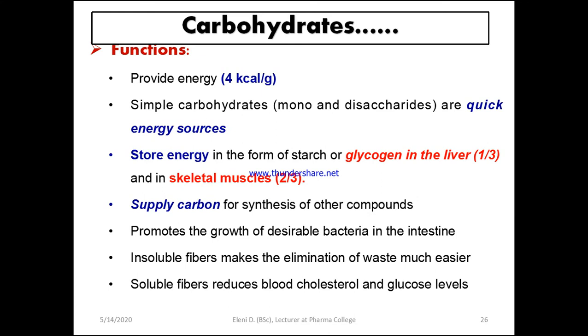They store energy in the form of starch or glycogen, and they spare the use of proteins for energy, because they are the direct source of energy for the human being.